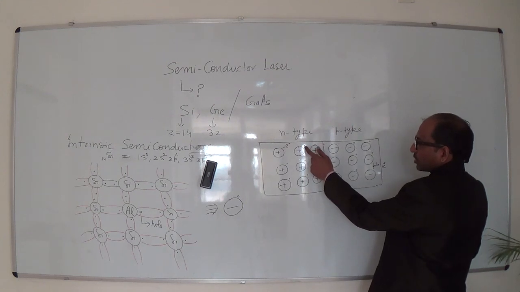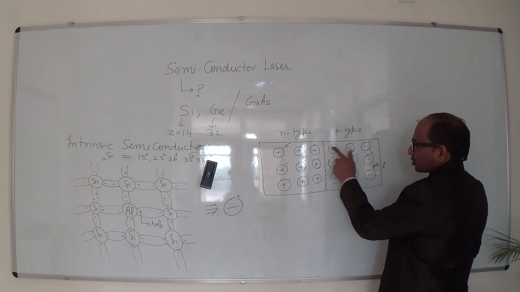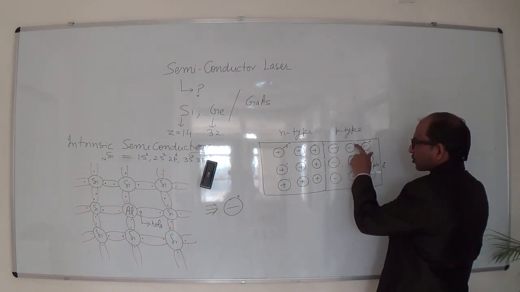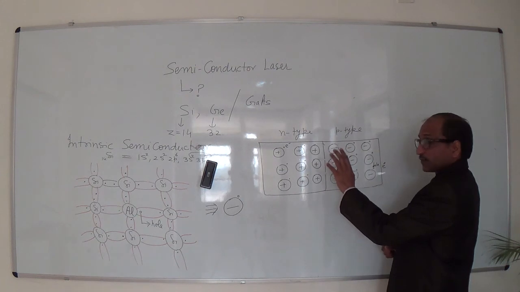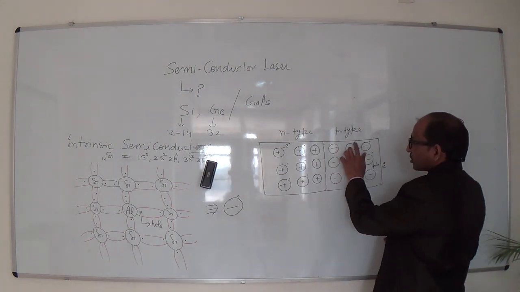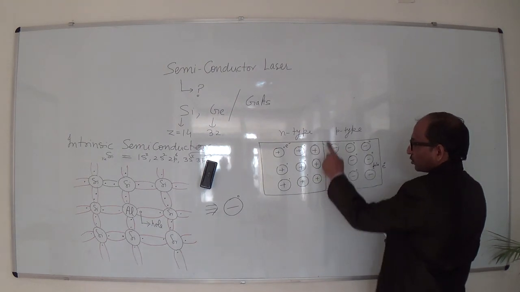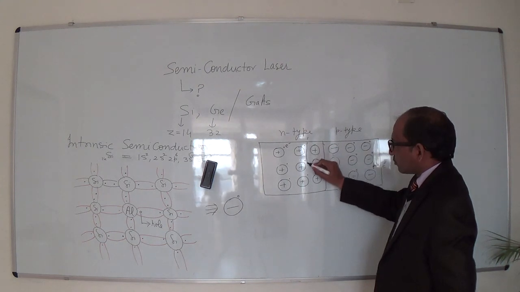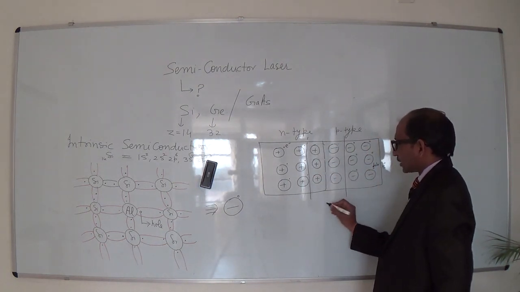Now suppose an electron starts to move across this junction, but this electron sees the negative ion. When a hole tries to move to this side, it sees the positive ion. As a result, this blocks, and no further charge carriers flow through this junction. So we see a depletion region across this junction.